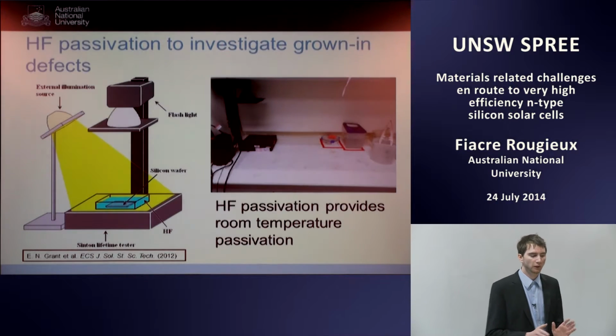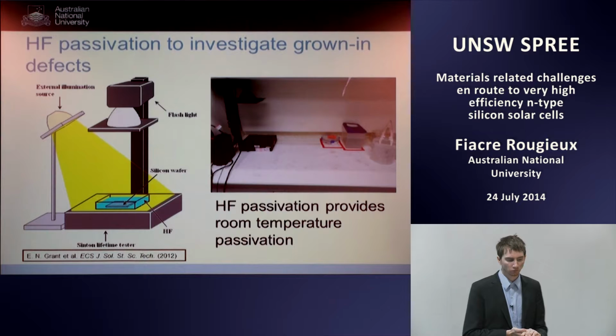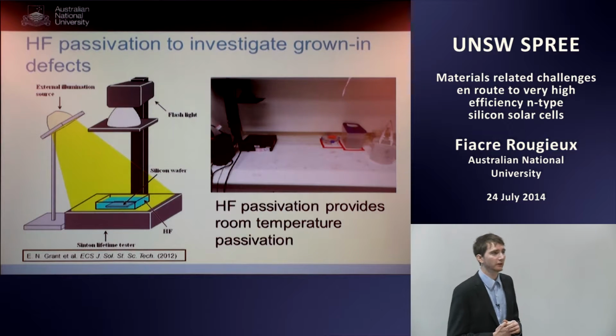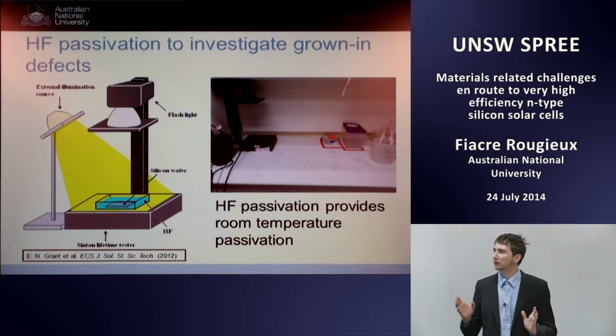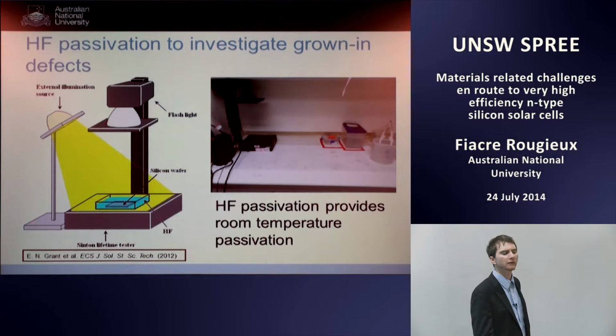Just presenting here quickly the setup we use at ANU to do room temperature passivation. This is just a standard Sinton lifetime tester, and you can see it here in the fume hood. Next to it we have a little standard plastic container with a 20% HF solution in it.